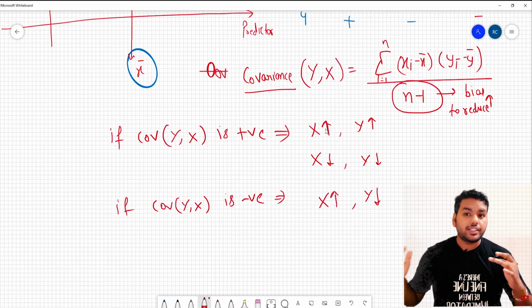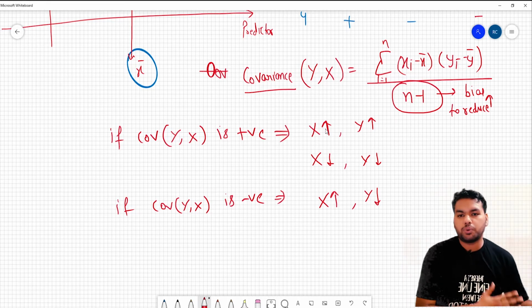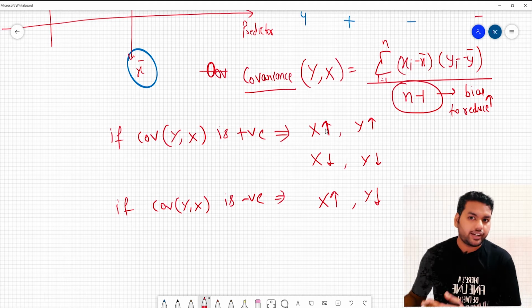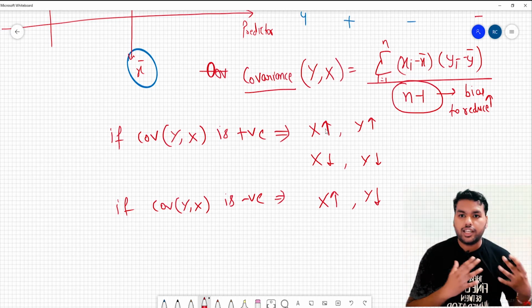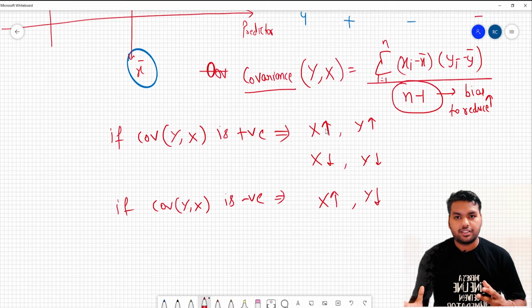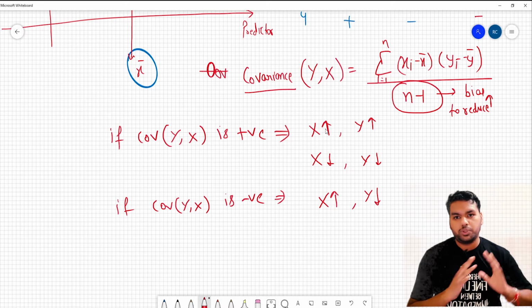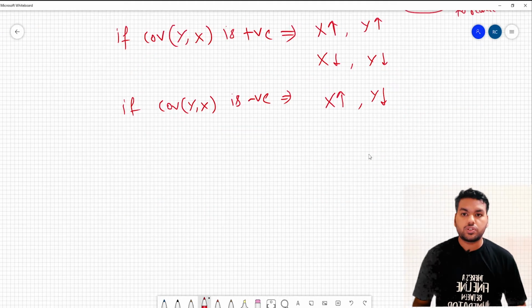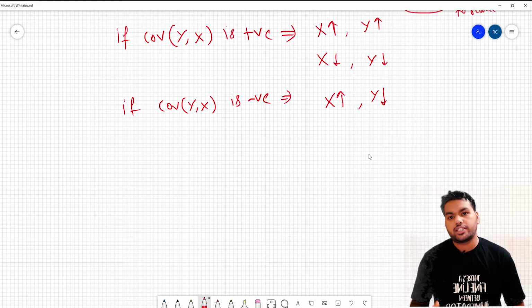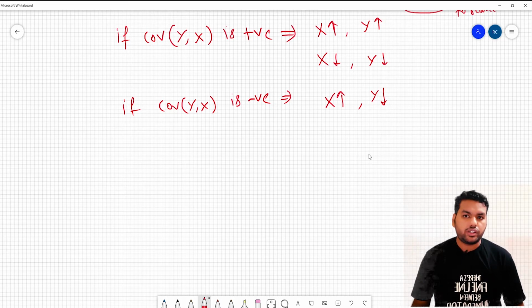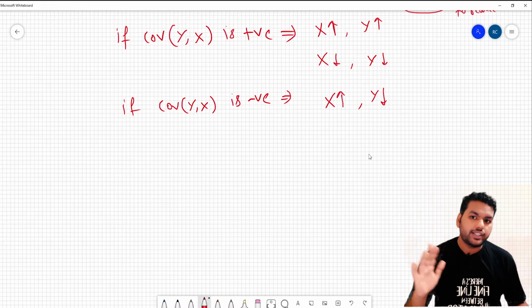But it does not tell how much they are positively varying or how much they are negatively varying. It does not tell us about the strength of how they both linearly vary with each other. So the major drawback in the covariance: when we calculate the covariance to determine whether the relationship is linear or not and how much it is linear, we only get to know about its direction.